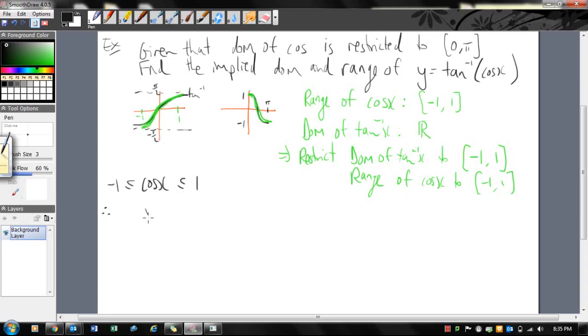So cos negative 1, apply to both sides. Cos negative 1 of 1. In other words, where is cos equal to 1? That's at 0. And where is cos equal to negative 1?